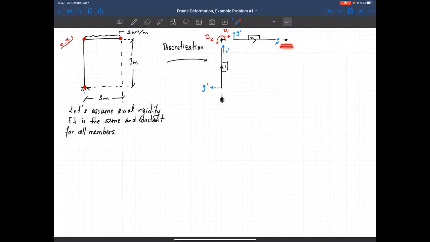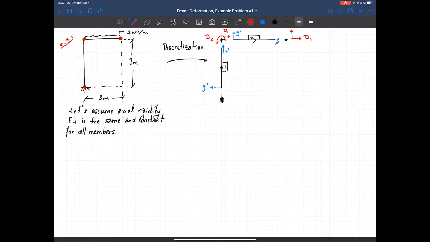Let's go to this node now. Can it translate in the horizontal direction? The answer is yes. That's D1. Why D1? Because these two ends of this member should translate the same amount so that I don't see any elongation or shortening on this member. So I have D1 here. Can it move in the upward direction or the vertical downward direction?